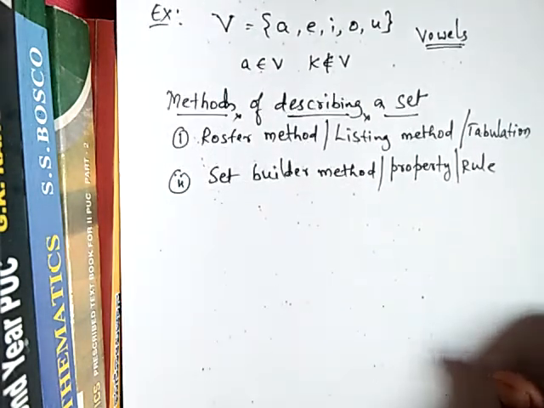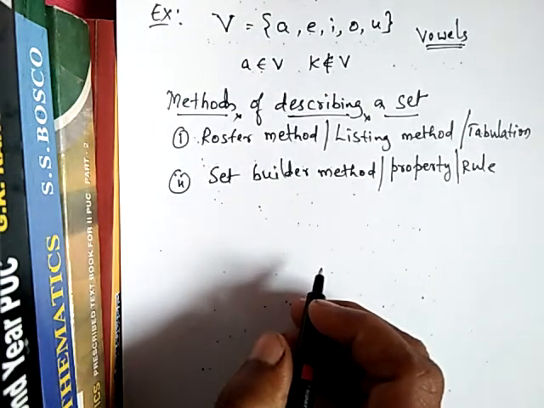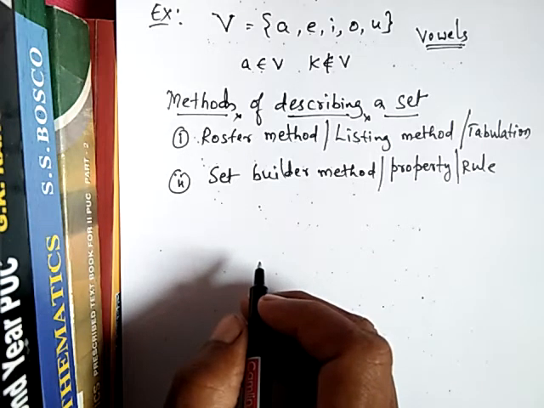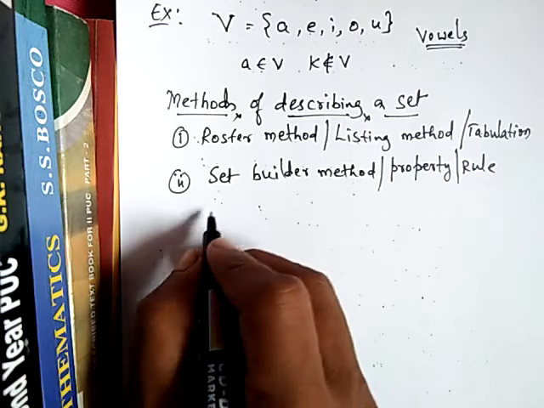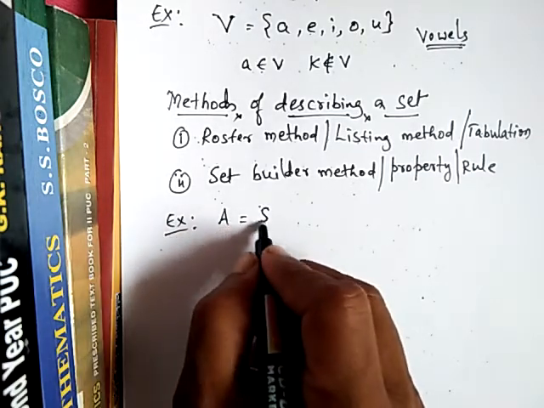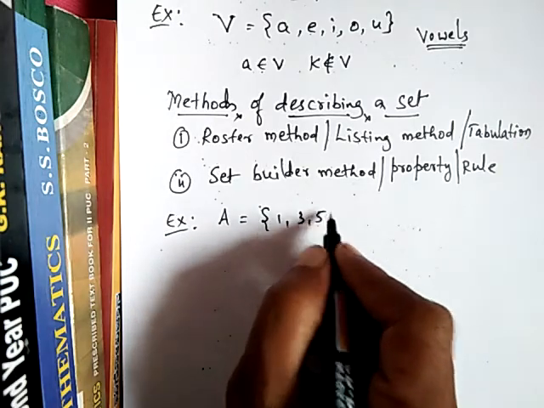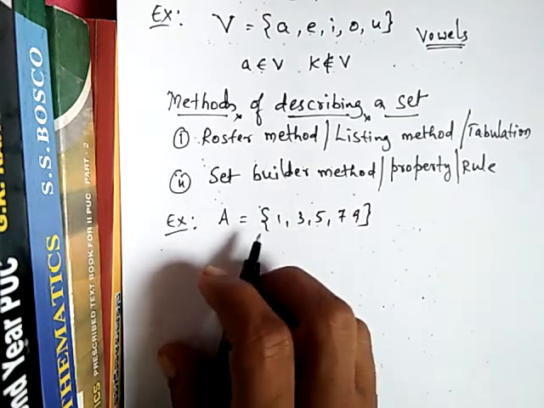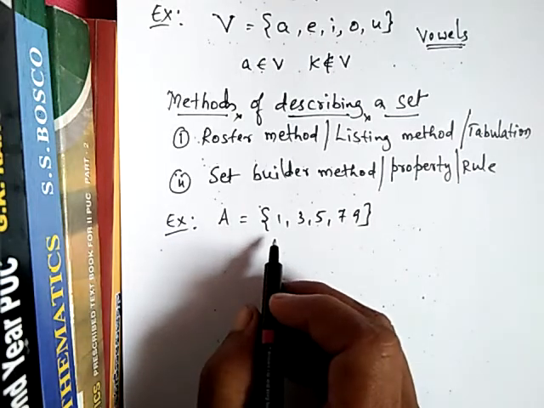Now for some examples, we will take some examples. Odd natural numbers less than 10, some set example we will take. So A is equal to {1, 3, 5, 7, 9}. So this is the set A, which is well defined.